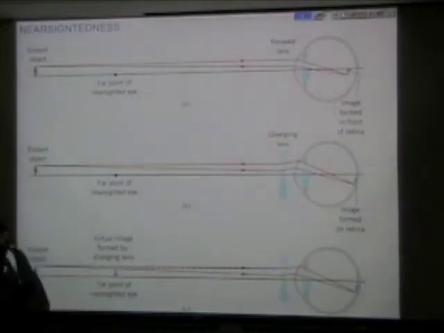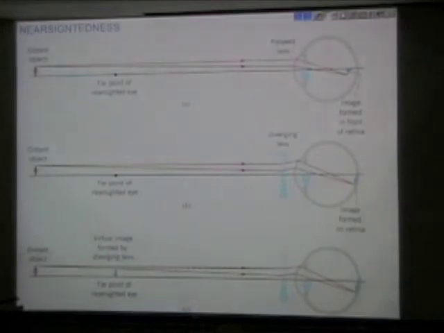And we can write an equation for this particular lens, a lens equation. 1 divided by the focal distance is equal to 1 divided by the object distance plus 1 divided by the image distance.